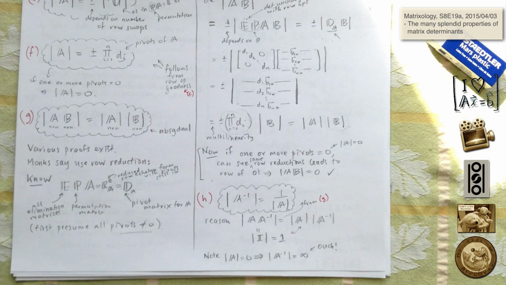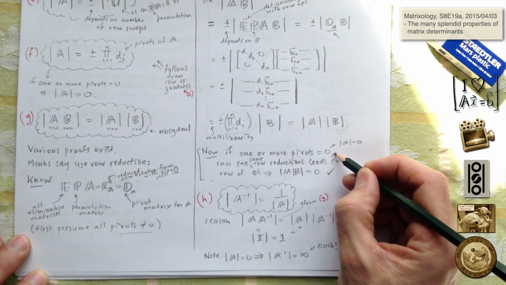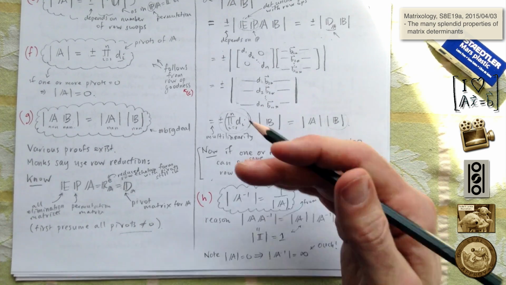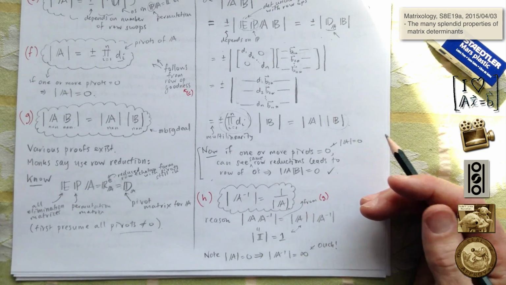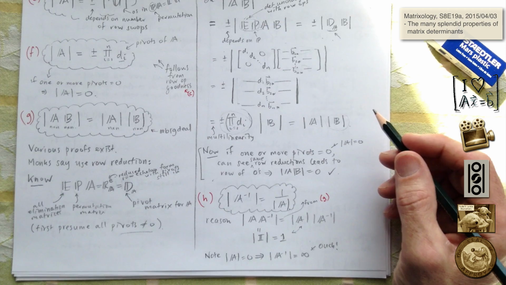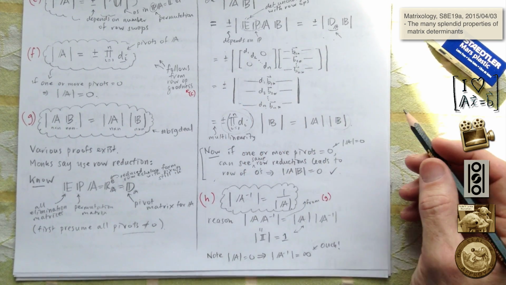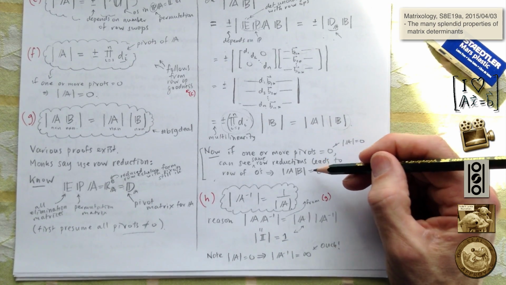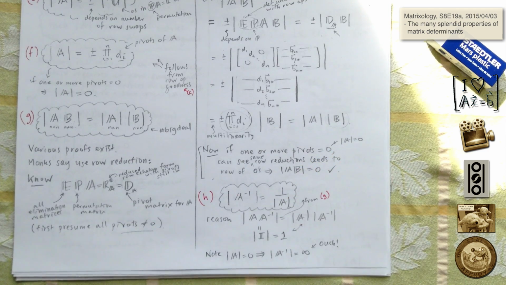And if one of A's pivots is equal to 0, then when we do row reduction, we'll get a 0 row, and that'll create a 0 row in this product. There'll be a 0 row at the bottom, so therefore the determinant of A times B has to be 0 as well.